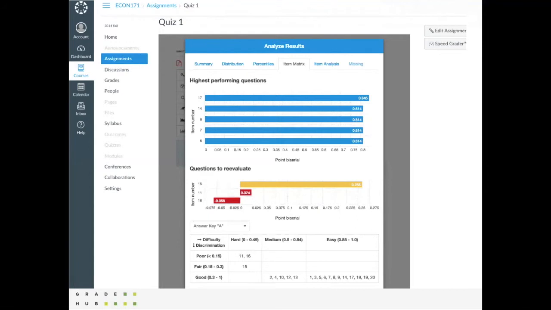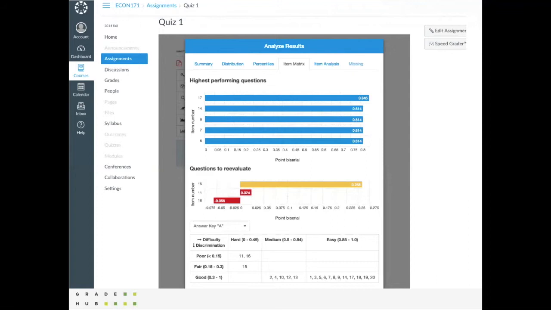Generally in professional testing, we try to steer away from items that are super hard, at proportions of 0.3 or below, because if everybody's missing an item, you're just not getting as much information out of that item. You might be in a situation where you want to make sure that some content is covered, but it is a good idea to review the items that are extremely difficult.